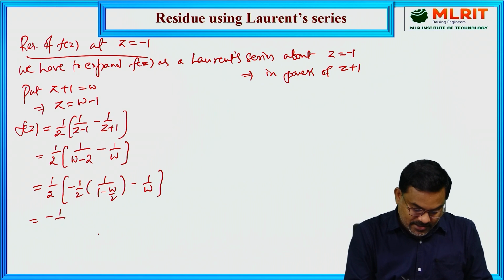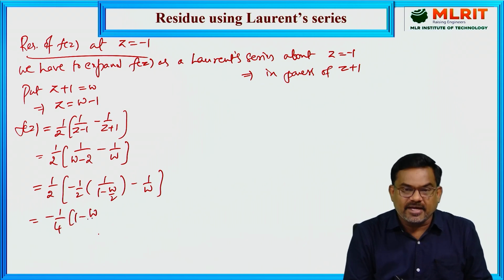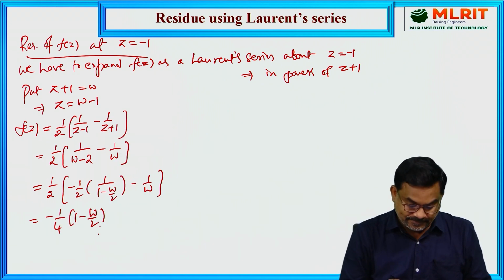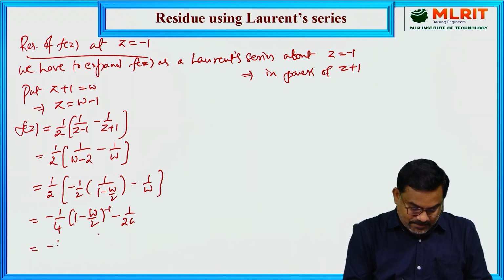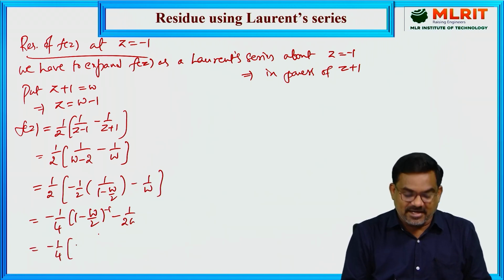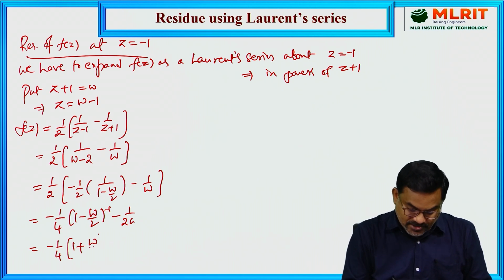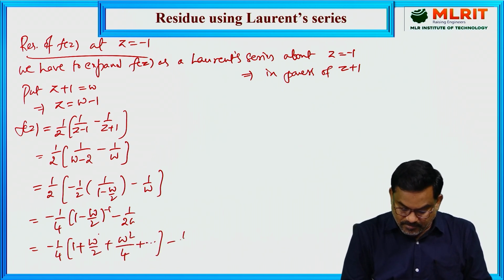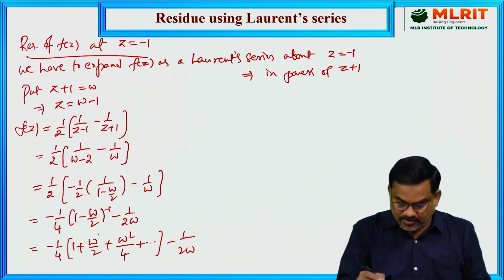So this is minus 1 by 4, 1 minus w by 2 whole inverse minus 1 by 2w. And by expanding this using the standard expansion, 1 plus w by 2 plus w square by 4 plus so on, minus 1 by 2w.